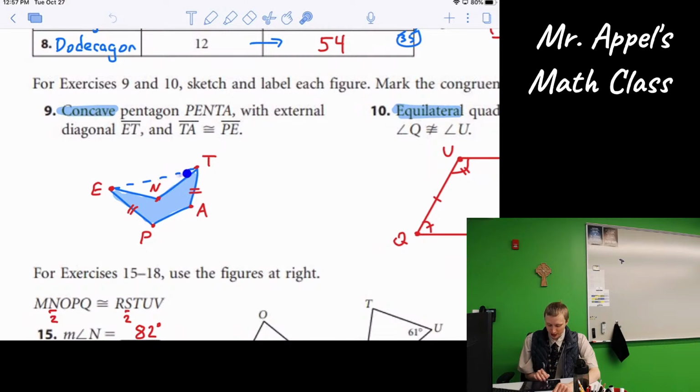And please use a dashed line for this external diagonal so that we don't get it confused with what should be the shape. And otherwise, wait, is this a trapezoid with a triangle in the middle? Or no, it's supposed to be the pentagon, and this is the diagonal. So dashed lines for diagonal, for a general distinction there.